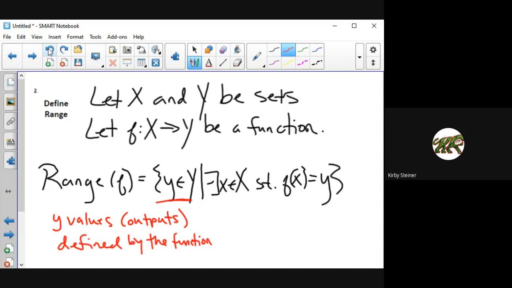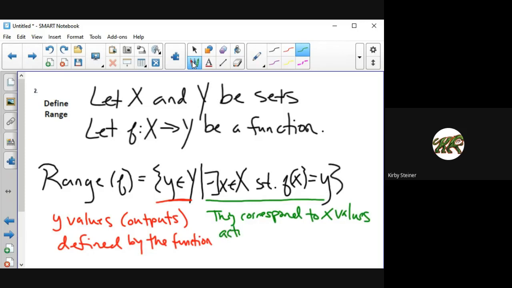So y in Y means we're looking at the y values or the outputs defined by the function such that they correspond to x values actually used in the function.